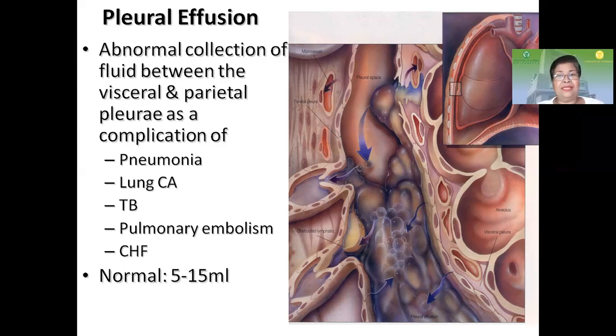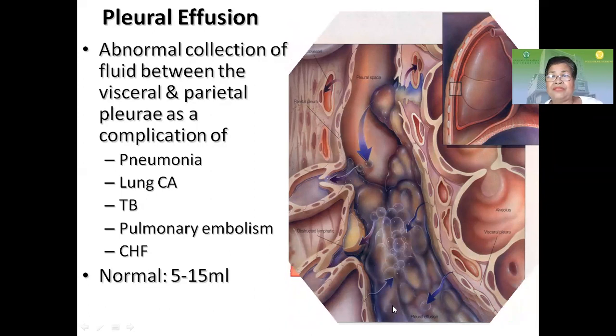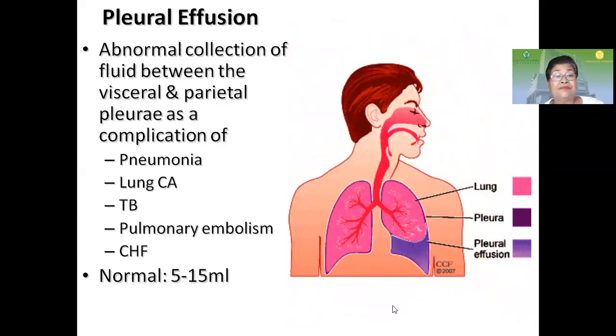Okay. Normally, ano yung normal fluid natin? So, this is the parietal pleura. Ito yung ating visceral pleura. Ito ngayon yung pleural cavity. Okay, so there are normally 5 to 15 ml of fluid.